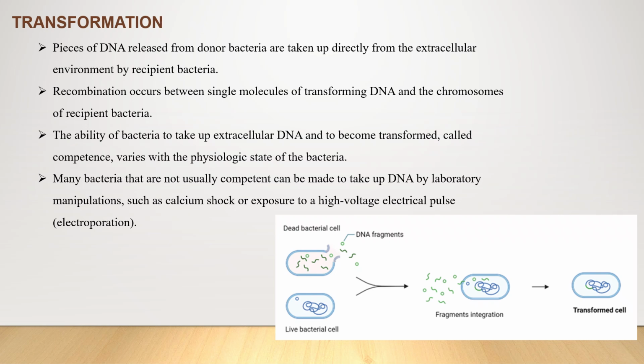The ability of bacteria to take up extracellular DNA and to become transformed, called competence, varies with the physiological state of the bacteria. Many bacteria that are not usually competent can be made to take up DNA by laboratory manipulations such as calcium shock or exposure to a high voltage electrical pulse, which is called the electroporation technique.